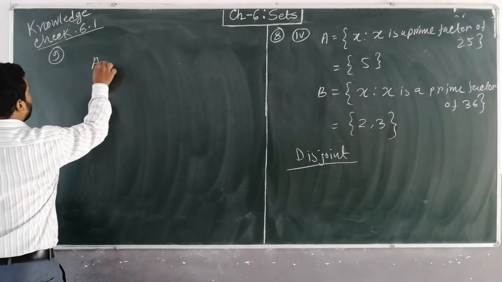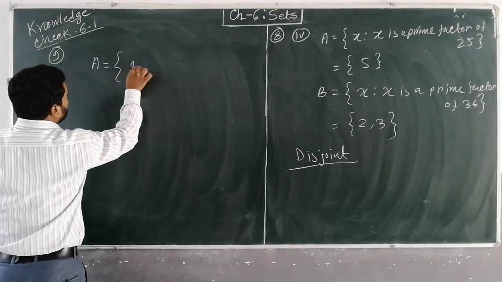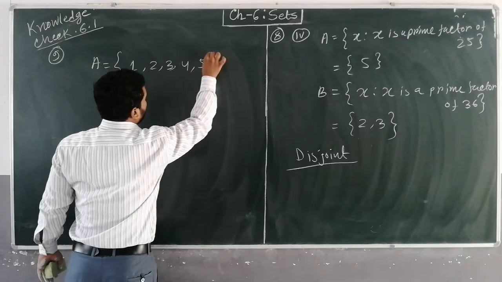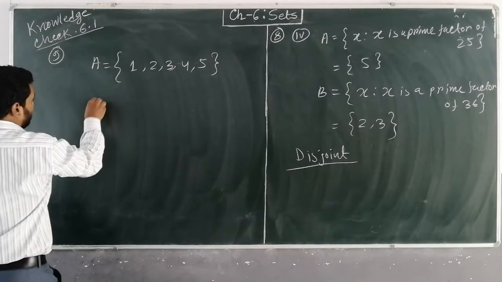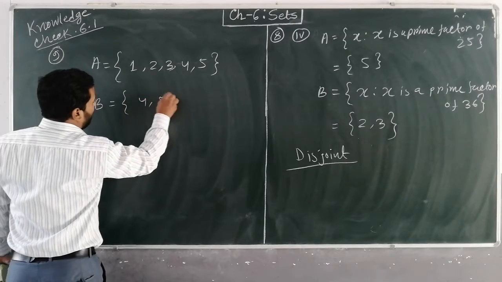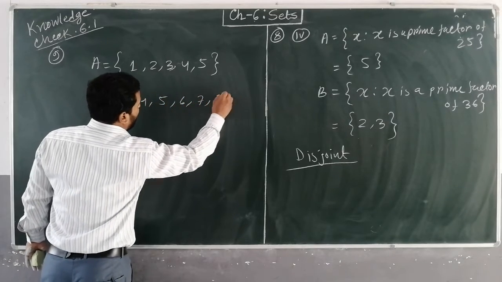Suppose A is the set 1, 2, 3, 4, 5. B is the set 4, 5, 6, 7, 8.